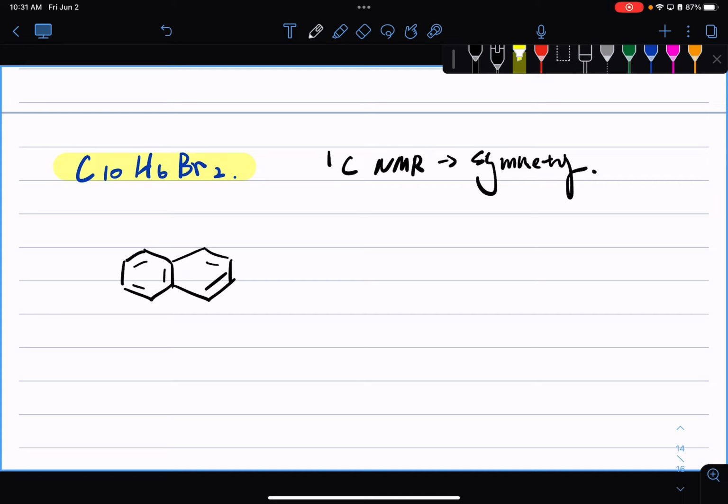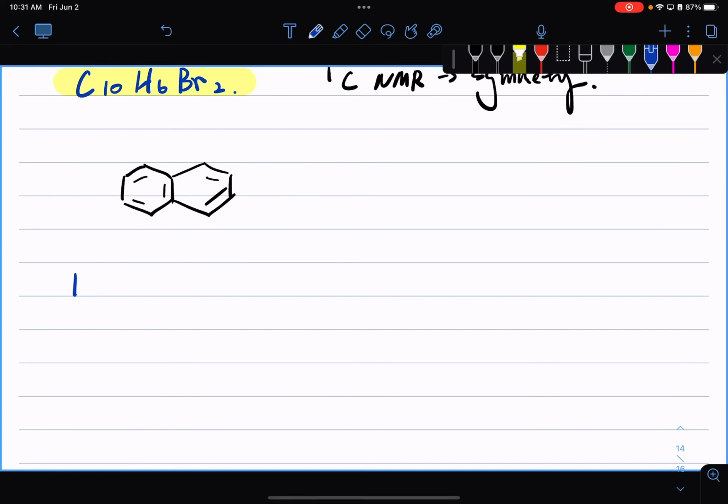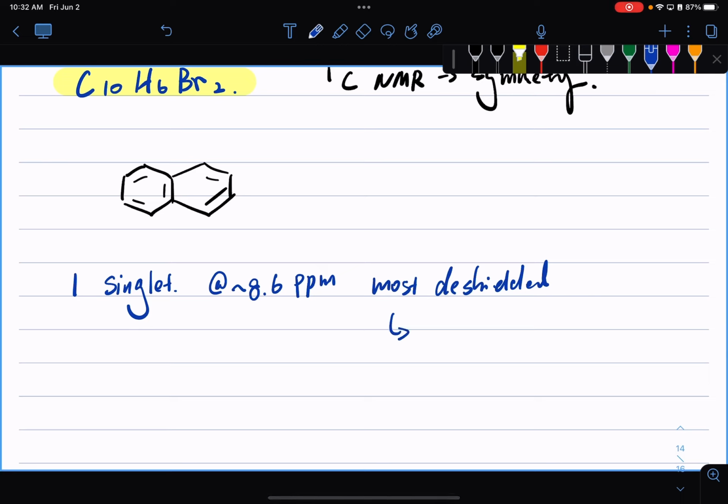While you're working on it, I'm just going to write down some of the notes I find when reading the proton NMR. We have 1 singlet at 8.6 ppm. And this one is most deshielded. And because it's most deshielded, maybe it's close to our halogen.